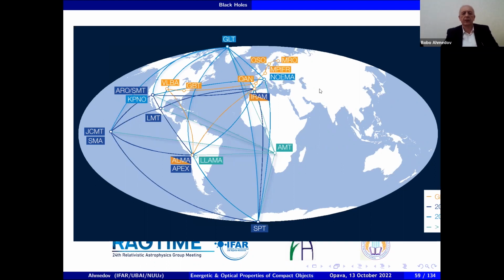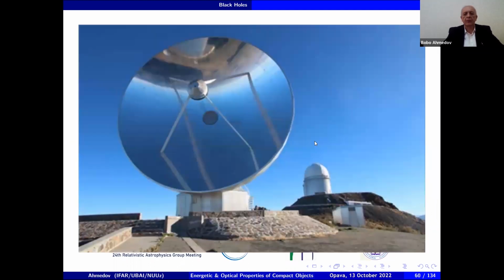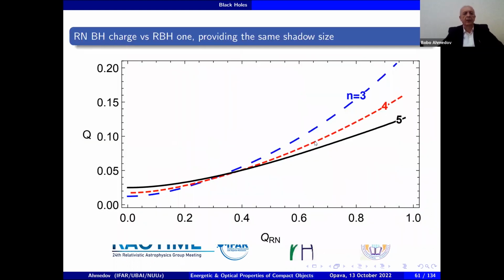If these two telescopes work in the future, then the sensitivity of the Event Horizon Telescope can be increased. This is the Namibian telescope, the CES telescope, which may appear.